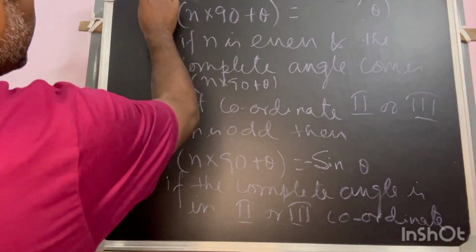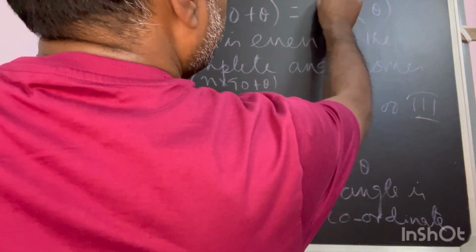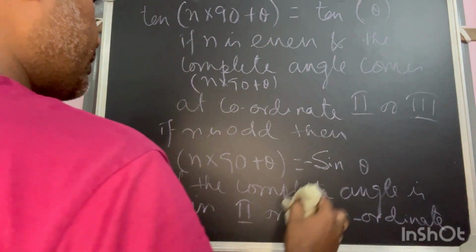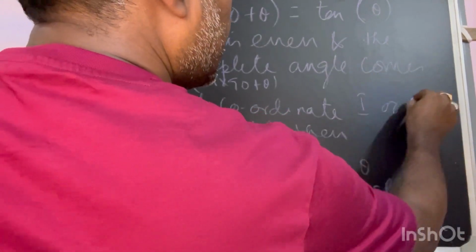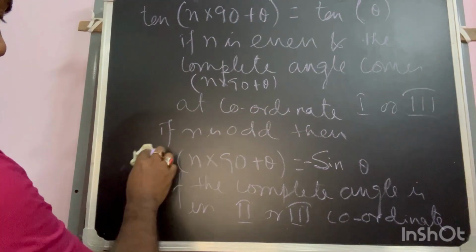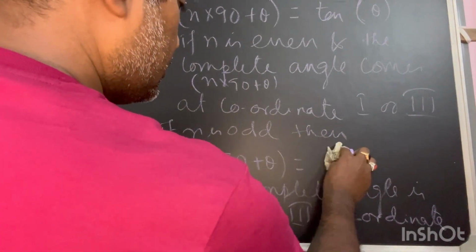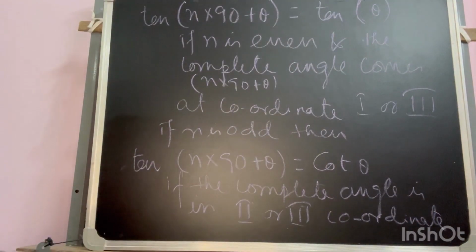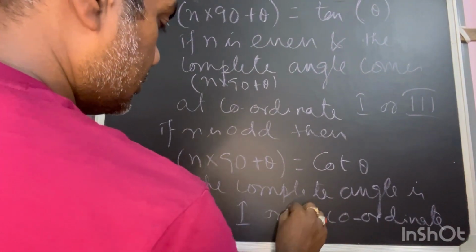Tan of this is equal to tan of theta when this is in first and third coordinate. Tan will be cot if it is in first or third coordinate.